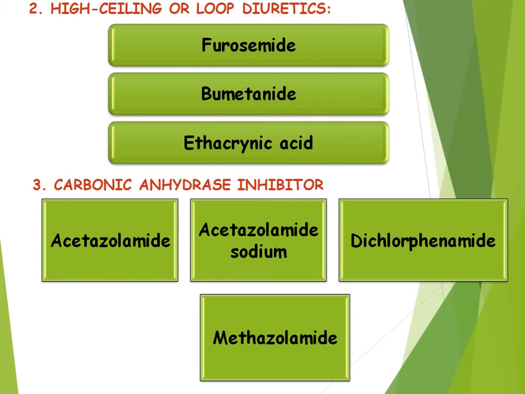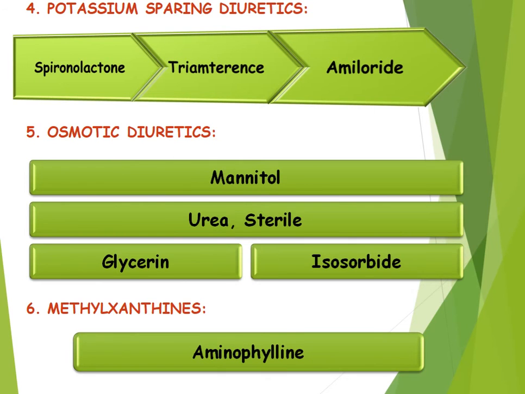Next are the high ceiling or loop diuretics. Examples are furosemide, bumetanide, and ethacrynic acid. Next are the carbonic anhydrase inhibitors. Examples are acetazolamide, acetazolamide sodium, dichlorphenamide, and methazolamide. Next are the potassium-sparing diuretics. Examples are spironolactone, triamterene, and amiloride.